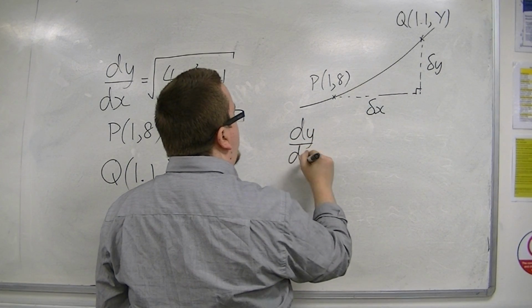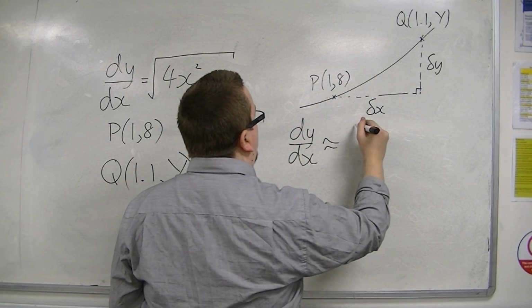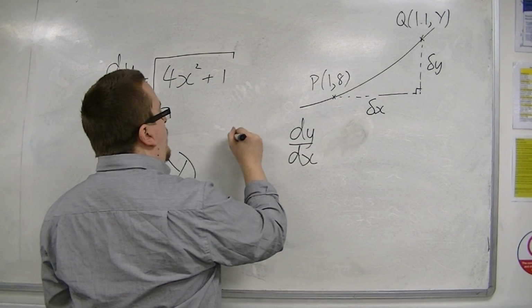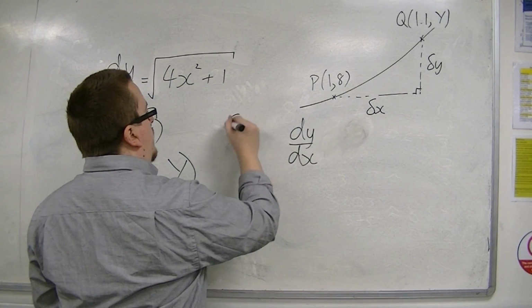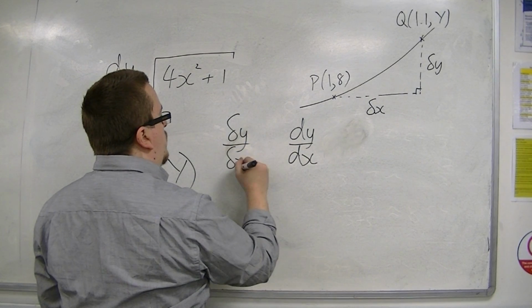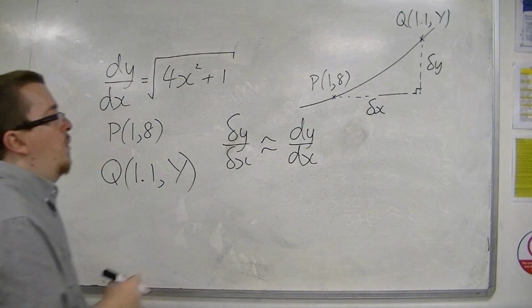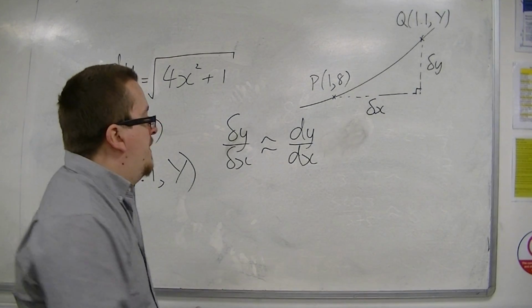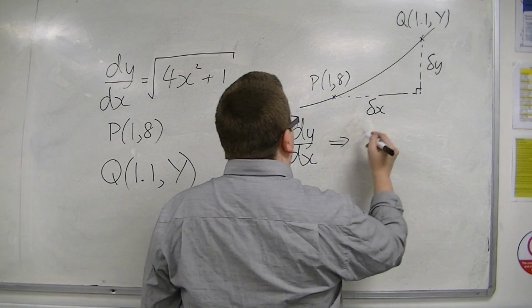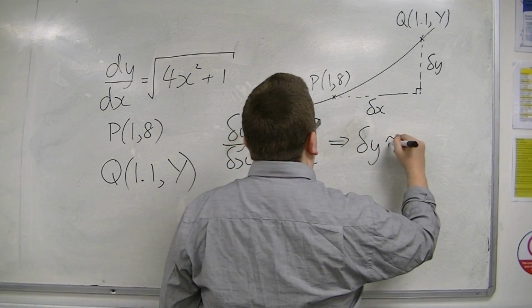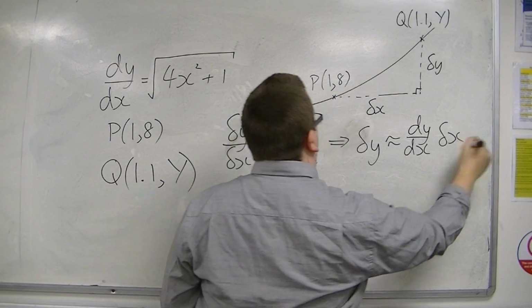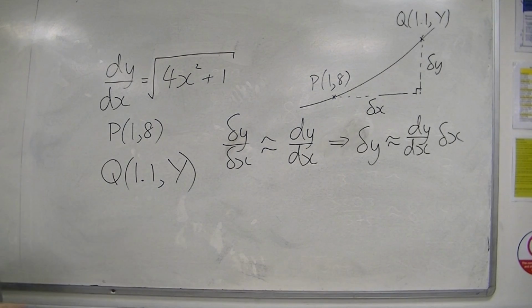So delta y over delta x will be approximately equal to dy by dx. So if I multiply both sides by delta x, I can say that delta y is approximately dy by dx times delta x. Okay.